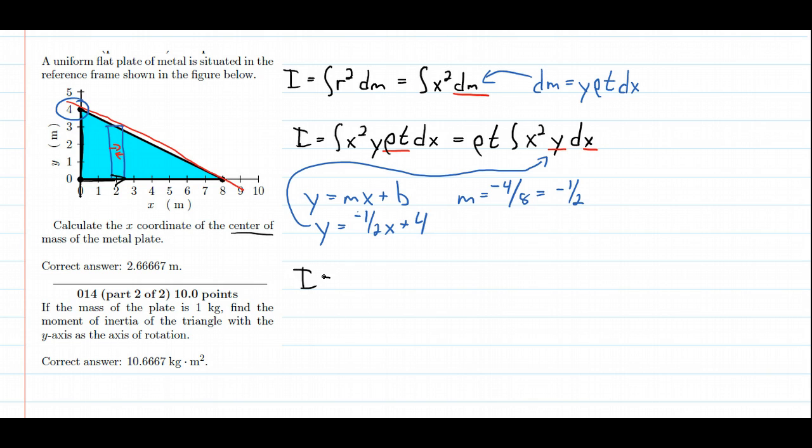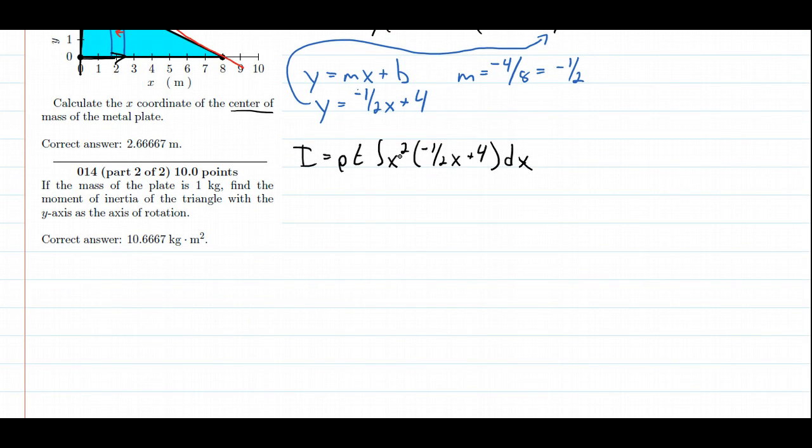So that gives us an expression of I equals rho t times the integral of x squared times (-1/2 x plus 4) dx. Now everything is in terms of x inside the integral, and we can just distribute a little bit and then we can solve.